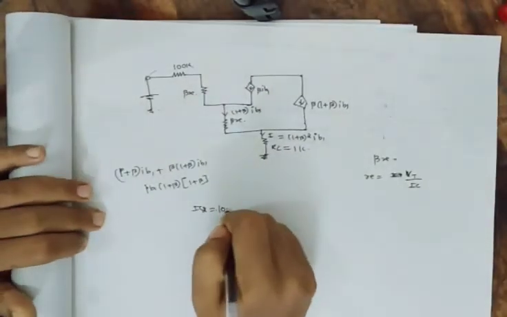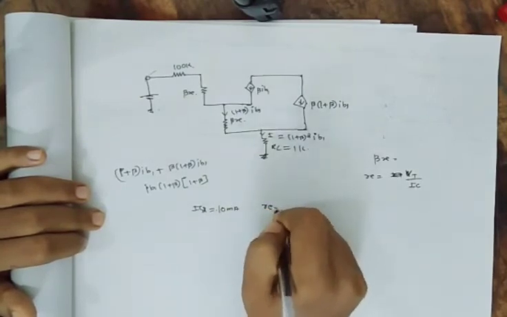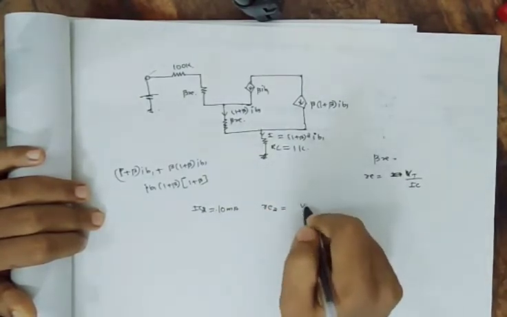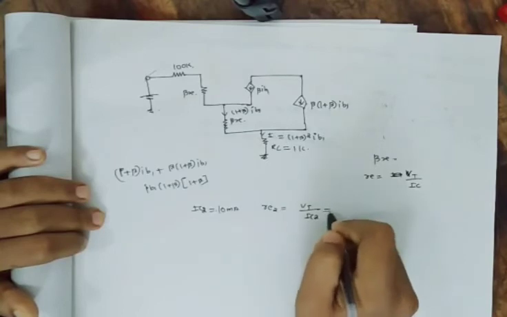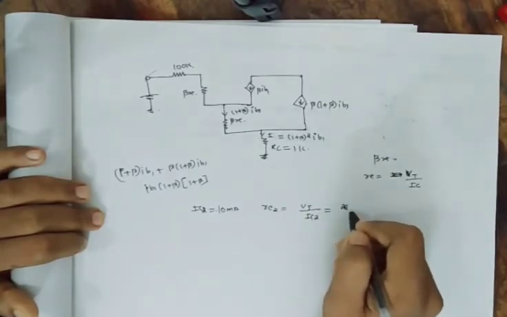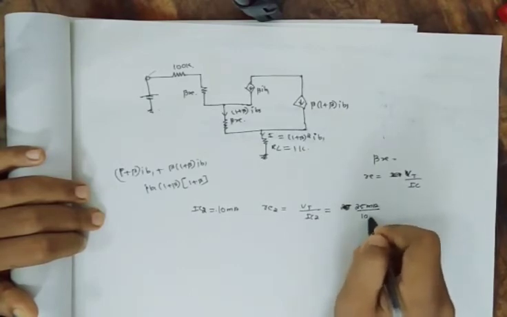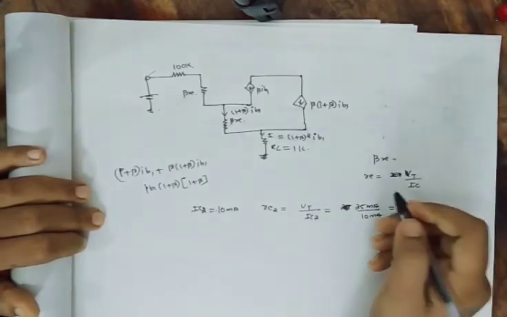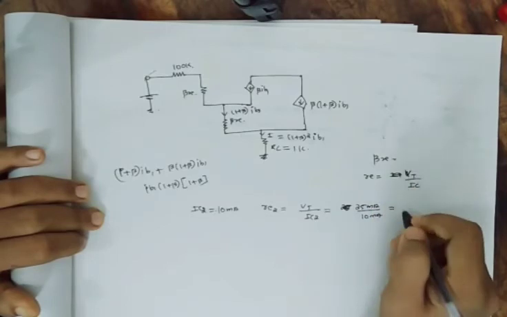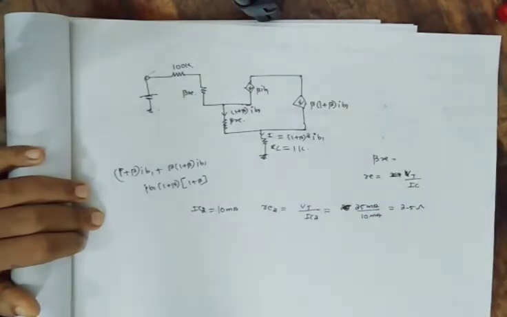So IC2 is equal to 10 milliampere. So RE2 is equal to VT divided by IC2, that is 25 milliampere divided by 10 milliampere, which is equal to 2.5 ohm. Okay.